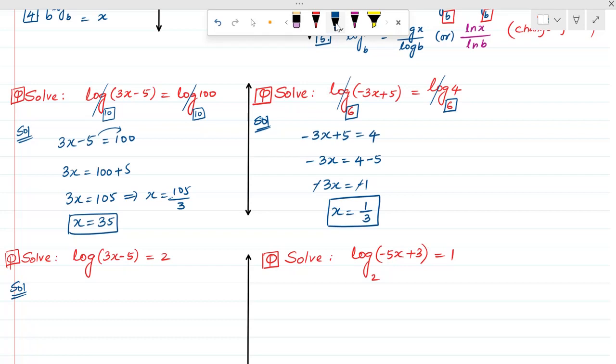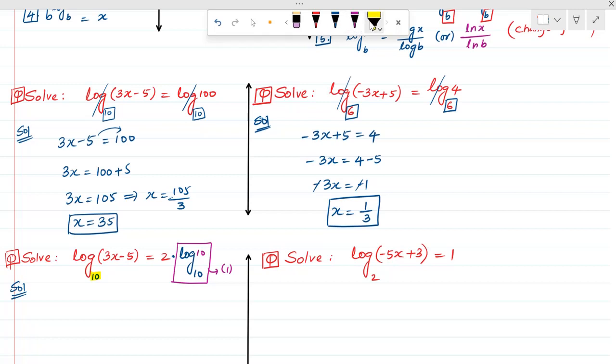Since there is no logarithmic function on the right side, I have to add the logarithmic function. How will you add it? It depends upon the base. What is the base here? Base 10. So I will add base 10. It must be the same thing, then only this value equals 1. You have to take care of the base.